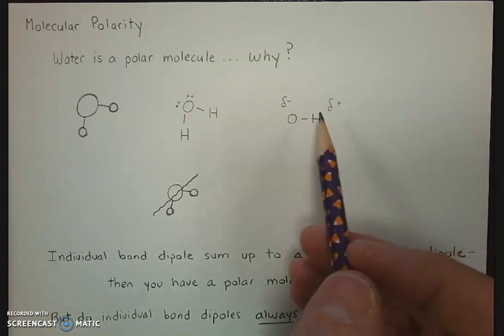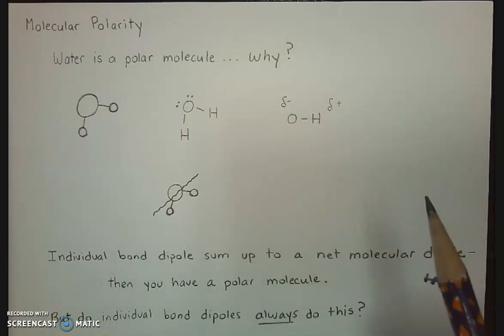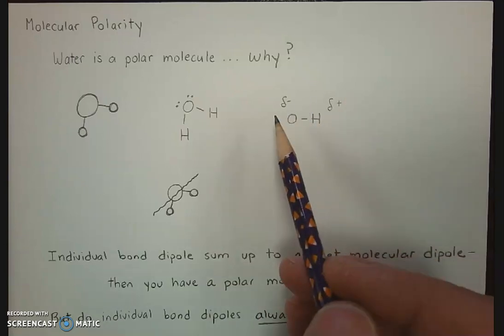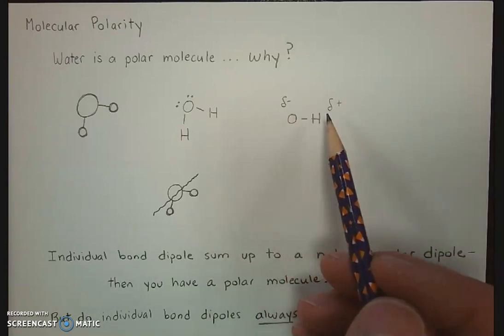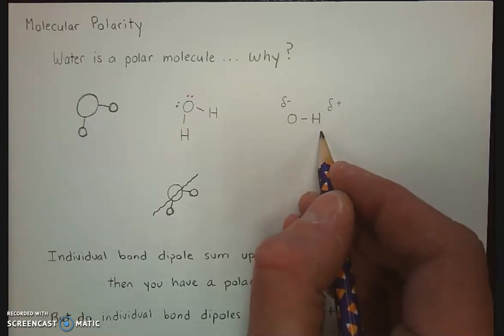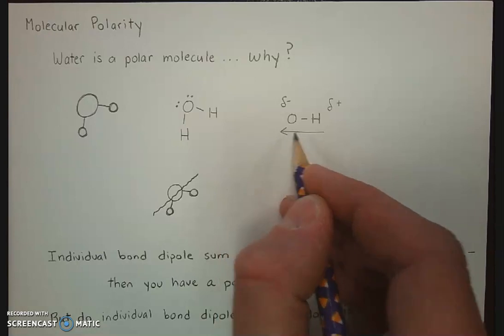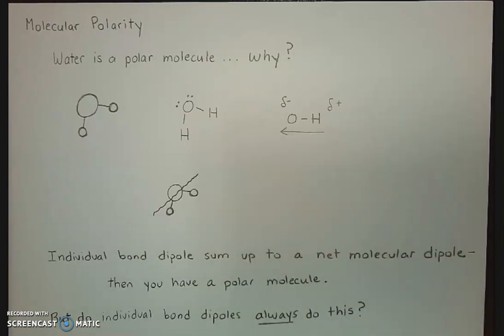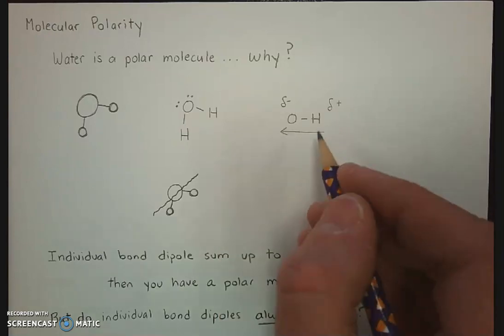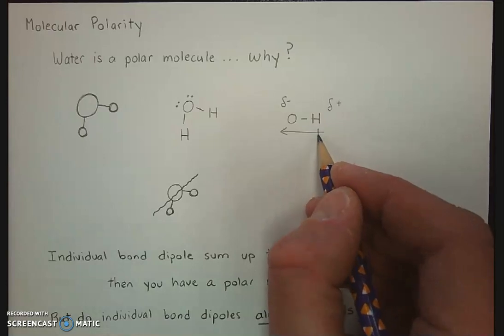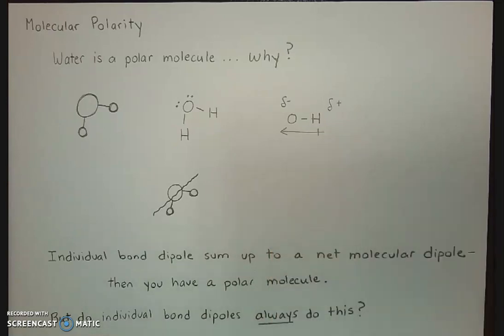Now, there's another way to diagram bond polarities. In addition to the partial negative, partial positive system, we could also use a system that uses an arrow. The arrow points toward the more electronegative element, and then we put a little tick mark on the side of the less electronegative element, in this case, hydrogen.